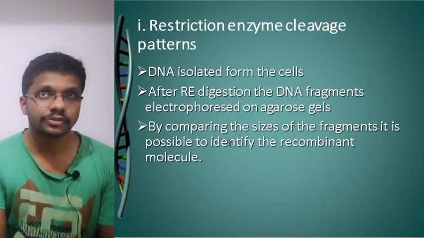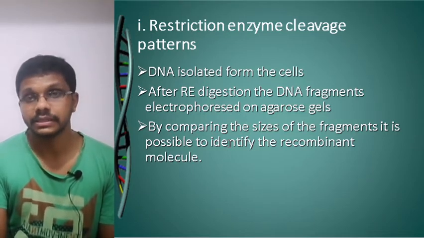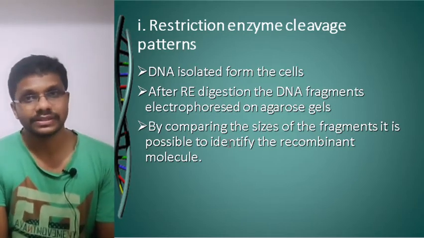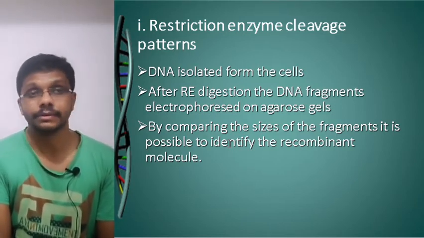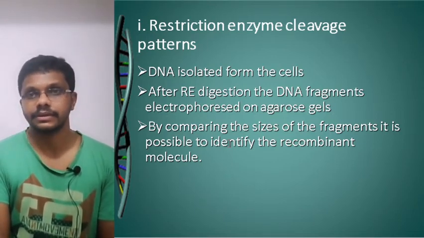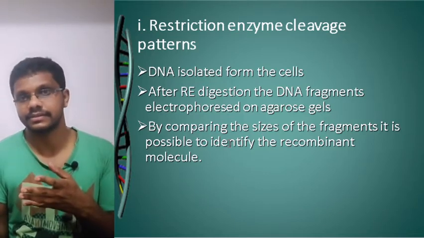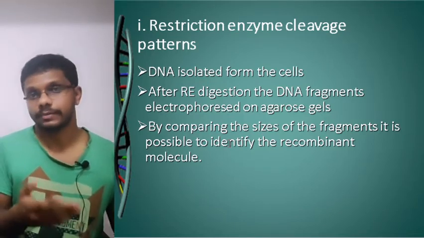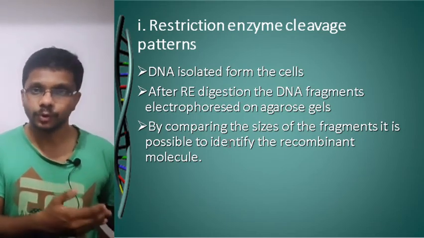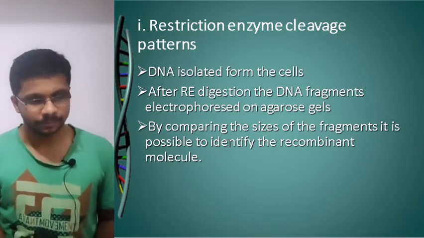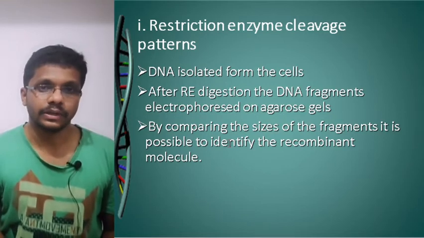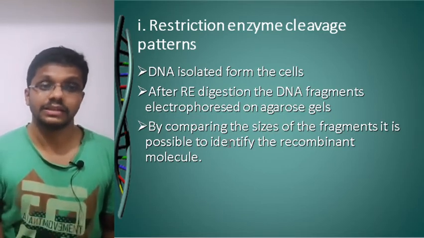If you are doing the experiment for a commercial purpose, or creating a genetically modified organism, we cannot put an antibiotic resistance gene within it, because it may leak out. If our plant has an antibiotic resistance gene, it may be transferred to bacteria, or bacteria may take it up and become resistant, and due to conjugation it can distribute this DNA. So for a large scale application, we cannot use the antibiotic resistance gene. In that case, what we use is the restriction enzyme cleavage pattern.